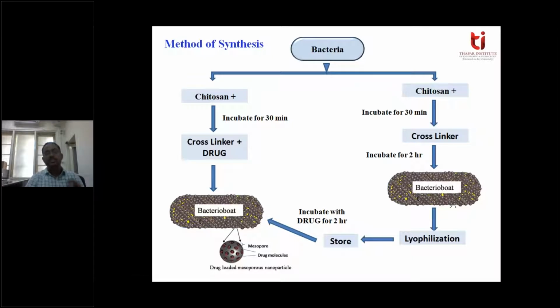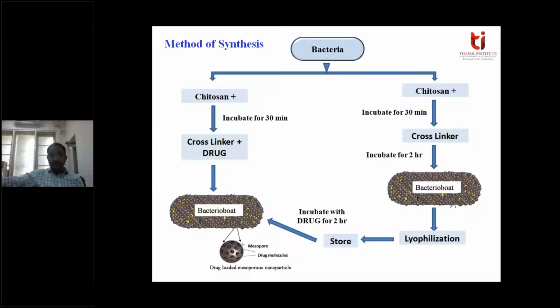So what I did is, instead of putting the drug inside the bacteria, we made the bacterial surface a drug vehicle. We poured nanoparticles on the surface of the bacteria, which have very tiny pores, mesopores, and which can absorb drug and release drug, showing a sustained release effect.